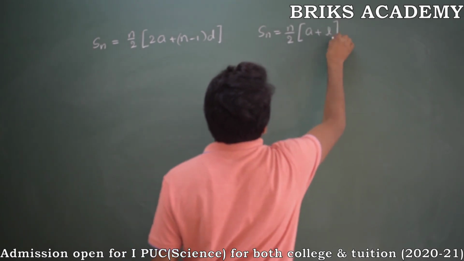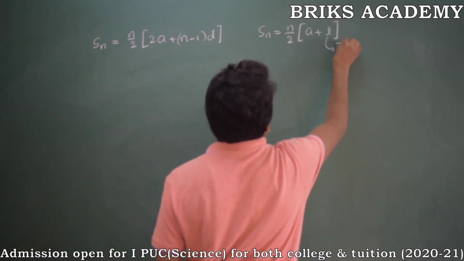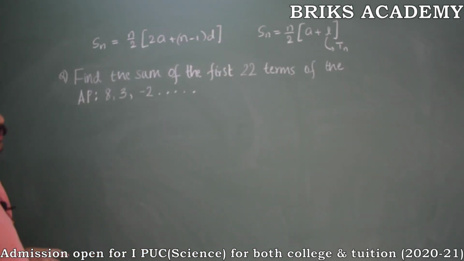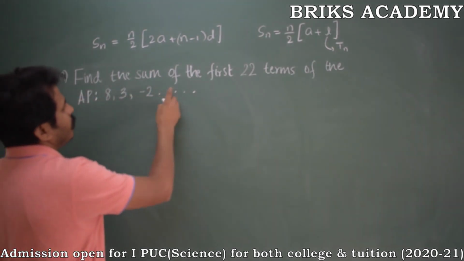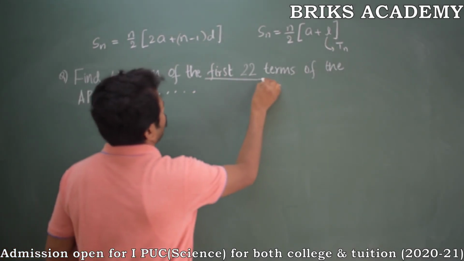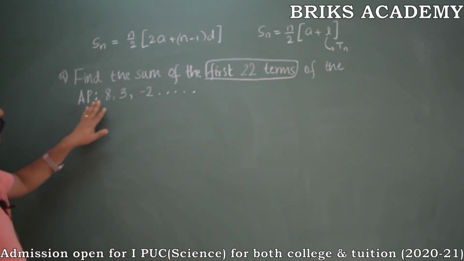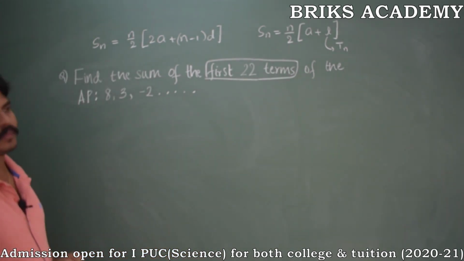L is the last term, that is L is nothing but nth term. That formula. We'll consider the first problem, that is find the sum of first 22 terms of an AP 8, 3, minus 2 and so on.